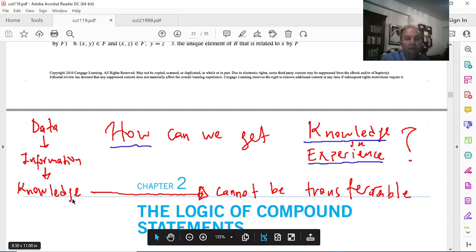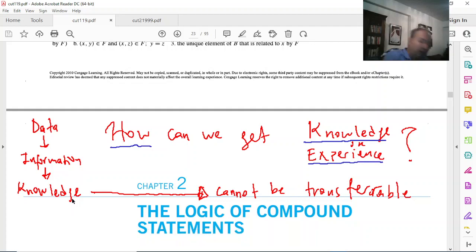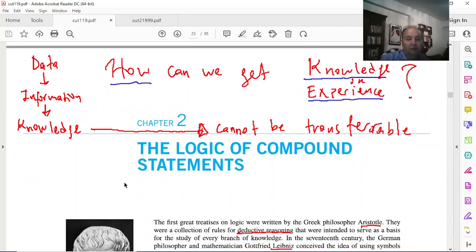But knowledge is mainly experience. This cannot be transferable. And that's why, what was my question last week? If it cannot be transferable, then how can we get knowledge or experience? That was the question for next Tuesday.